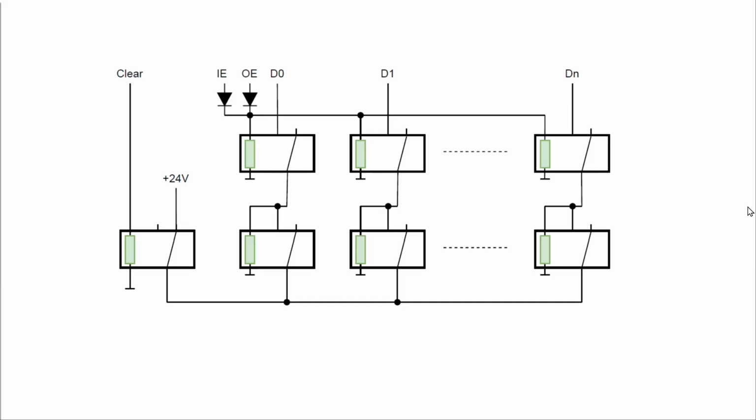We need one relay here to be able to clear the register. If we want to store a new number in our register, we have to clear this register before we can store a new number. And this is done by setting clear to active.